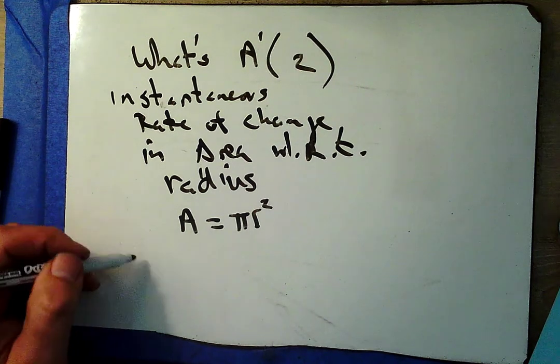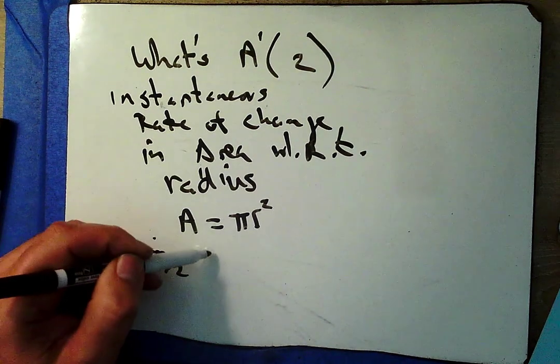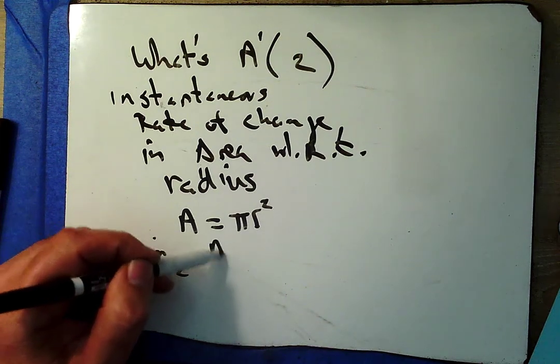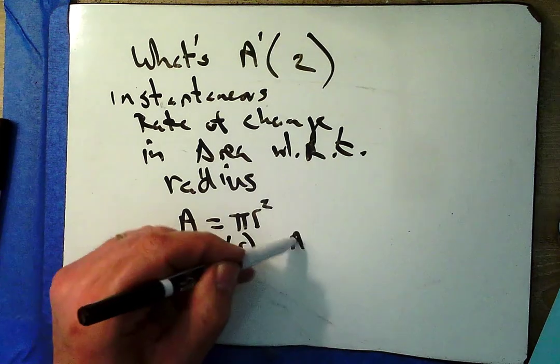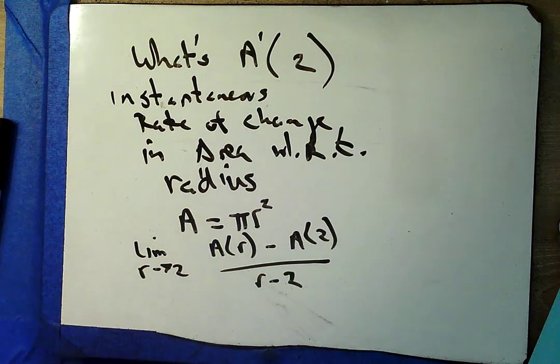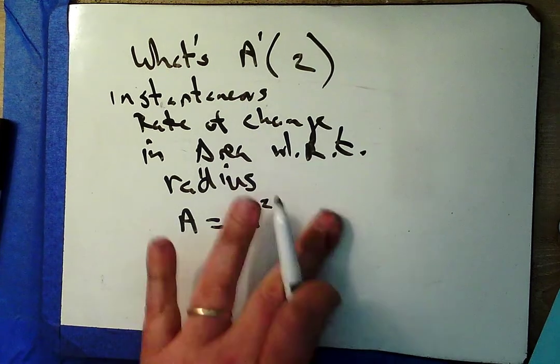I was thinking about using the limit as r heads to 2 of a of r minus a of 2 over r minus 2. But you could use one of the others. In fact, maybe since I was going to use that one, I shouldn't.